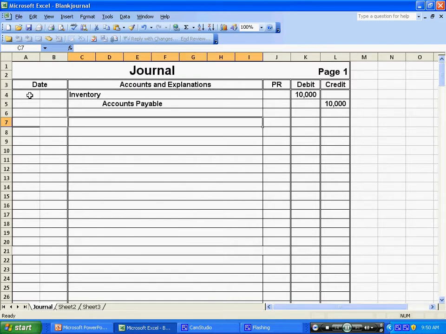Now we're going to record the payment. The payment on the account would be step number 1, debit the accounts payable for the full amount. The full amount from part 1 was $10,000. Part 2, we're going to debit the accounts payable for $10,000. Okay?